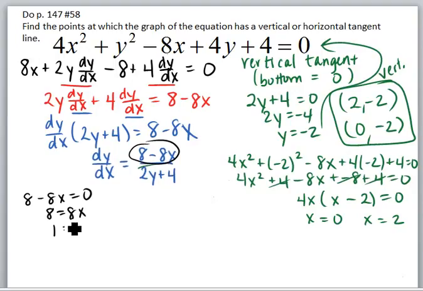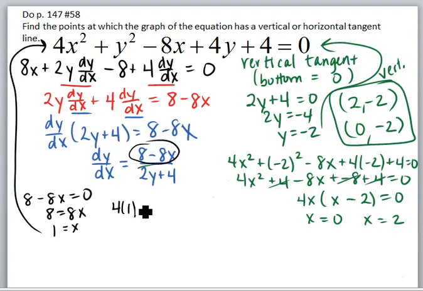So my x-coordinate is 1, but in order to find my y-coordinate, I have to take that and plug it back into the original. So I have 4 times 1 squared plus y squared minus 8 times 1 plus 4y plus 4 equals 0. That will allow me to solve for y.